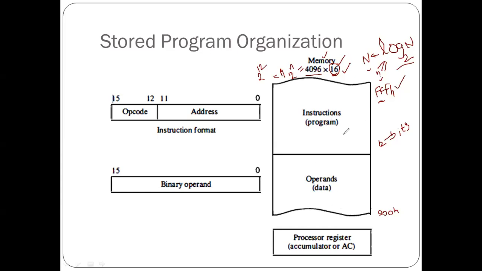Based on the location that we are reading, I will get 16-bit information. That can be a binary operand that refers to data, if you are reading memory locations in the data area, or an instruction code, if you are reading a memory location related to the instructions of a program.